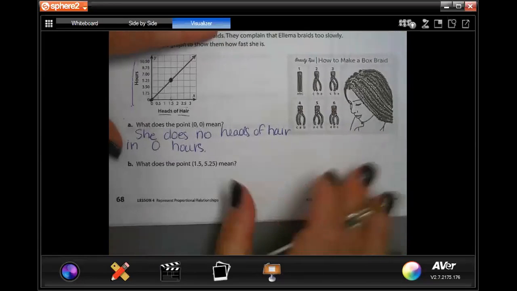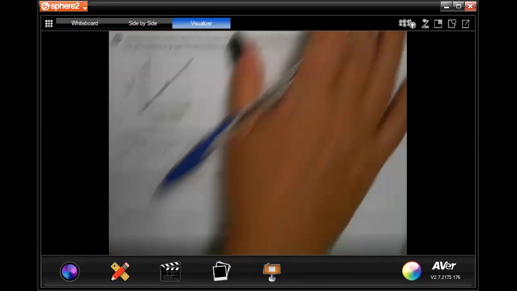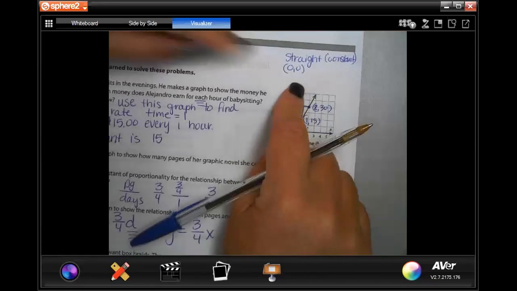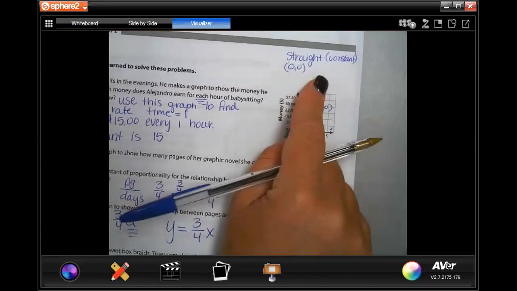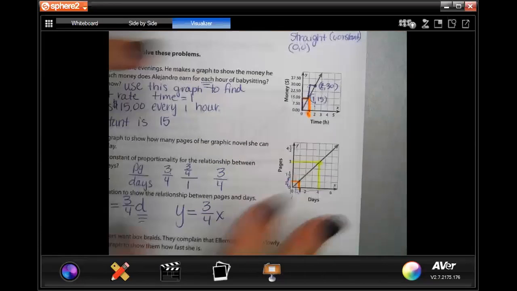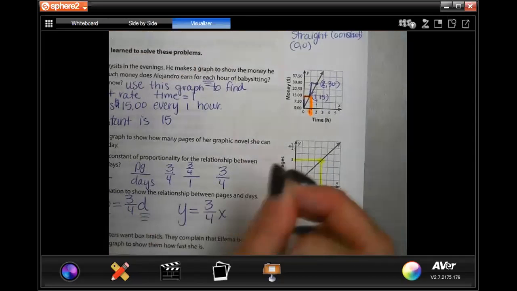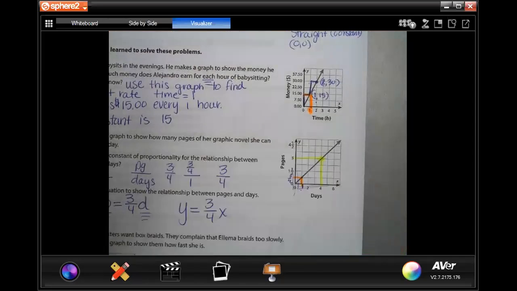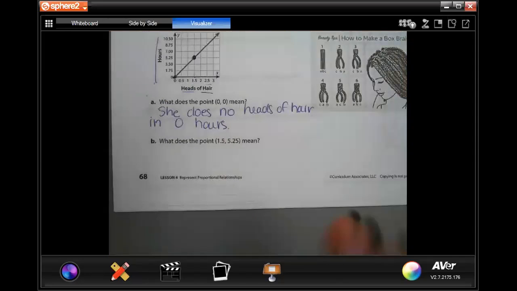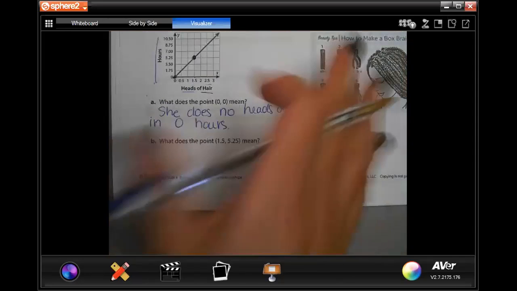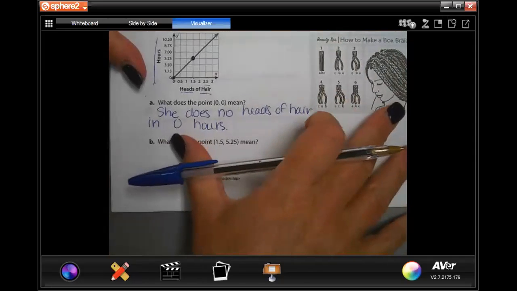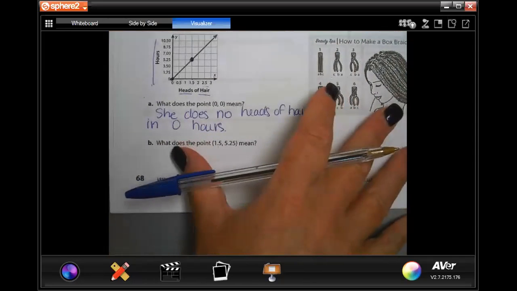Because here's the thing, I know we've been talking about, how do you know it's proportional? Well, go through 0, 0 and it's a straight line. But when you're talking about these kind of problems, hey, we're talking about quantities, and quantities are time and money, heads of hair and time. So we got to start looking at this information about having a proportional relationship about the two quantities.